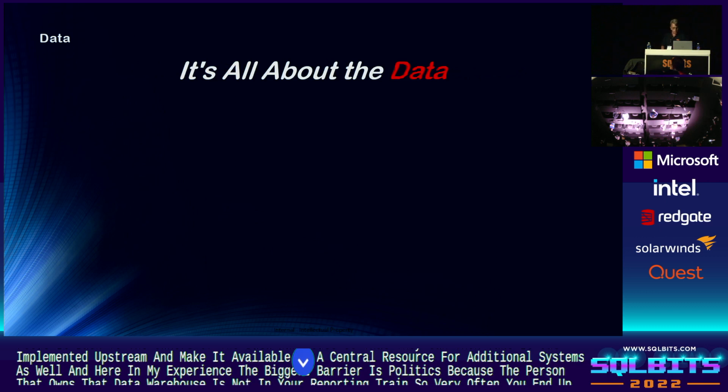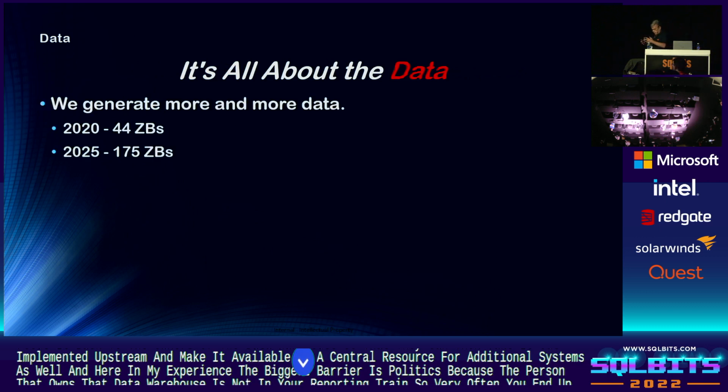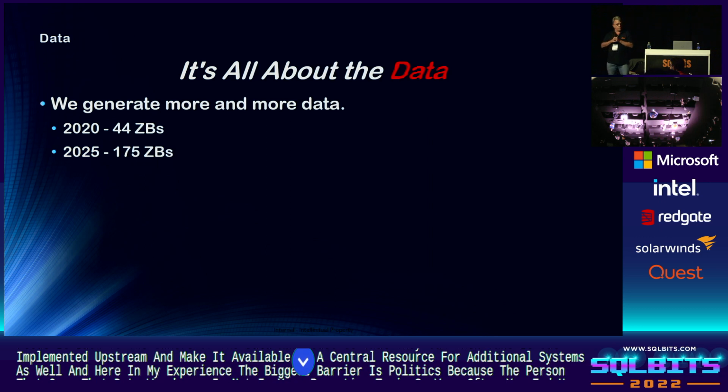And when we are looking at the data landscape in the world, we are generating more and more and more data. In 2020, it was estimated, I have no idea how people estimate this, but it was estimated that we had 44 zettabytes worth of data. 1 zettabyte is a trillion, billion, whatever terabytes. It's a lot, right?